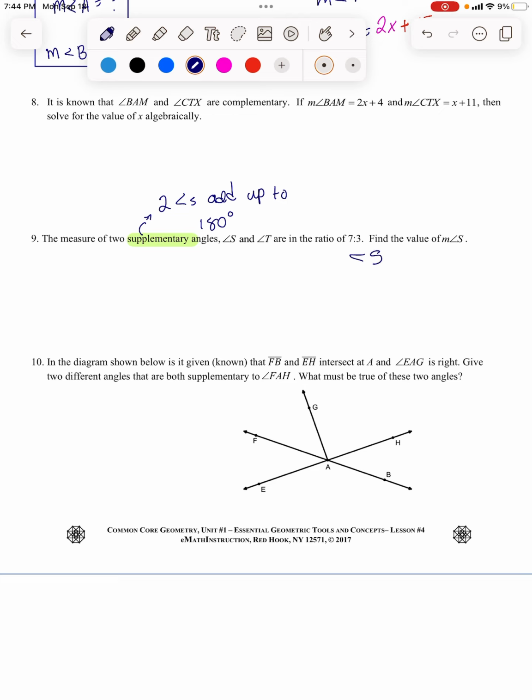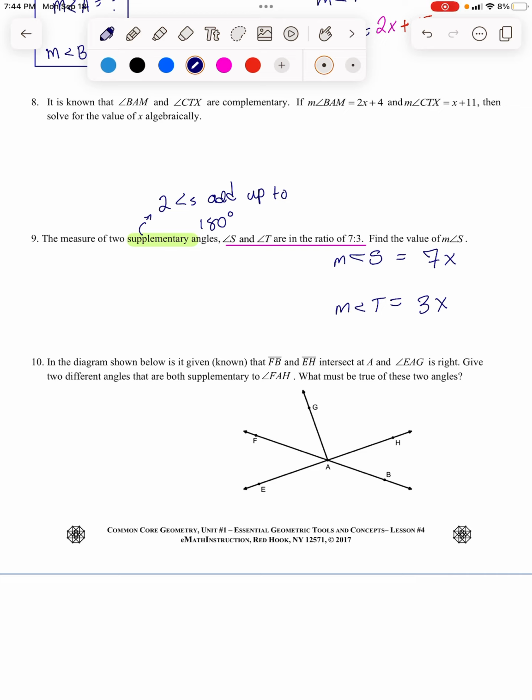We have measurement angle S and measurement angle T. The ratio is 7 to 3 in that order, which means that measurement angle S will represent 7x. You're always going to add a variable next to that number. And measurement angle T would be 3x.